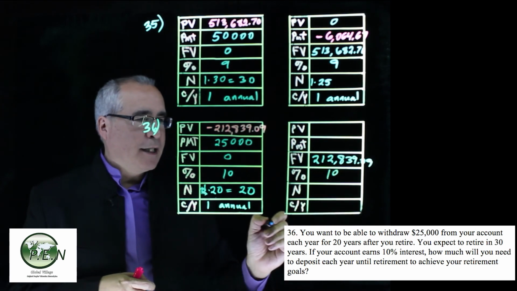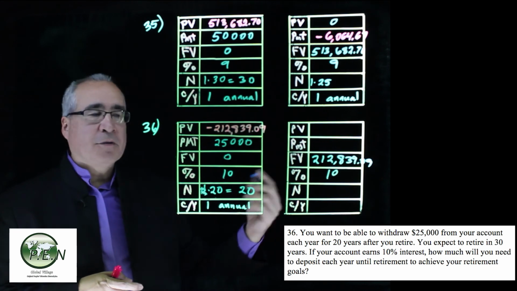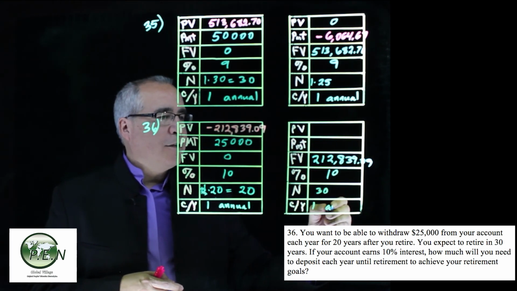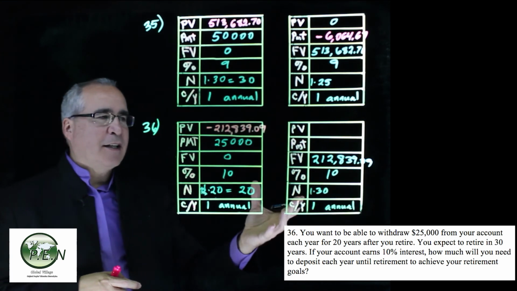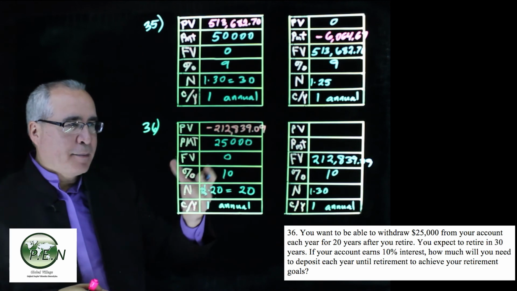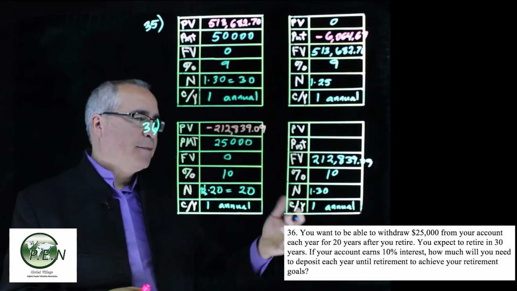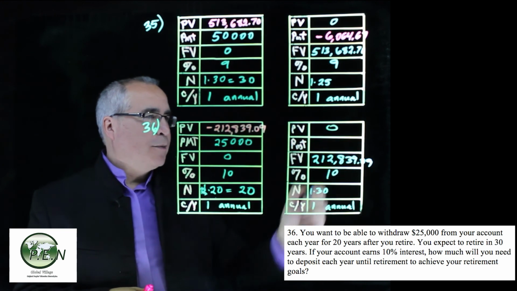We are able to get 10% on our money. How long till we retire? We've got 30 years before we retire, so that's good. We're still doing this on an annual basis. If we did it monthly, because a lot of times we might think about the payment as being an annual payment, come over here and think, what do I need to save each month? But we're sticking with annual. And we don't start with anything.